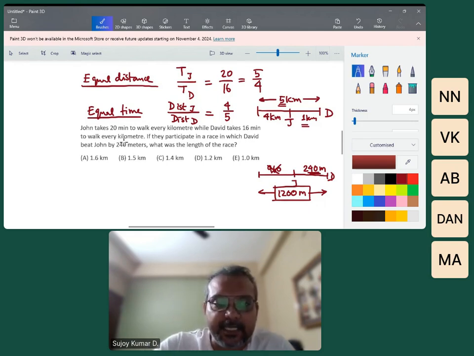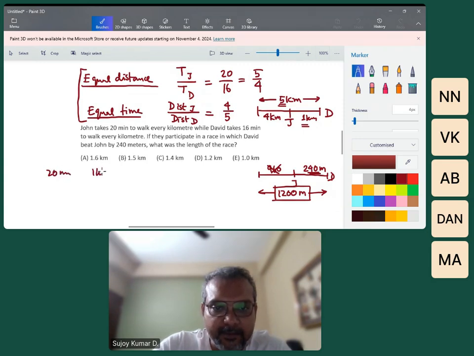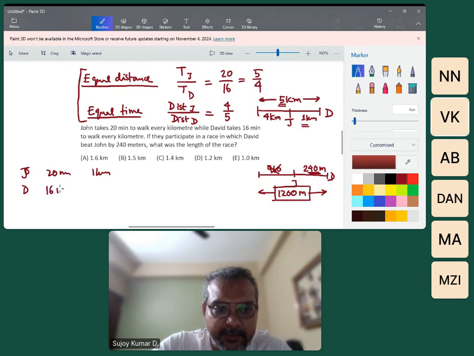So that's what I was saying, you might not get this ratio thing in one shot, okay? I was saying, this guy is taking 20 minutes for 1 kilometer. This is J, and for D it is 16 minutes for 1 kilometer. So if I were to make them equal to 80-80, then this would become 4 kilometers and this would become 5 kilometers.